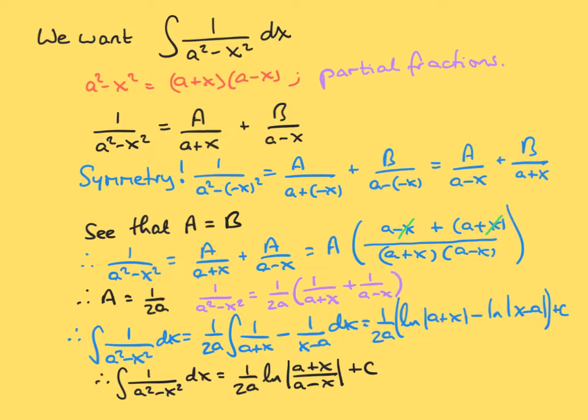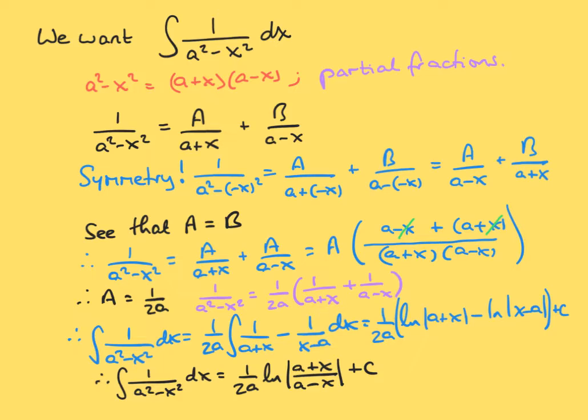And if you're not completely confident with that, just add these two terms together and you'll see that you get 2a over a squared minus x squared, and the 2a and the 1 over 2a will cancel and you get this. Now we're going to integrate this in a moment.